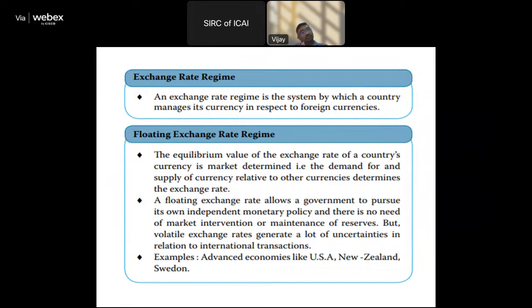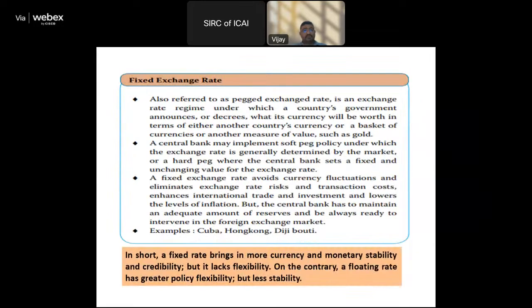The market on its own fixes the rate. In the fixed exchange rate regime, the central bank fixes the forex rate. We call it the fixed exchange rate regime.